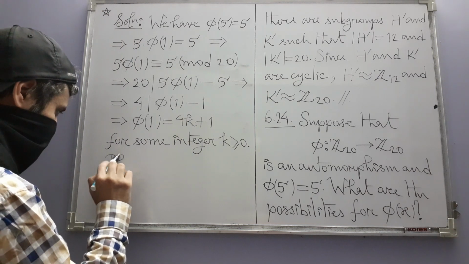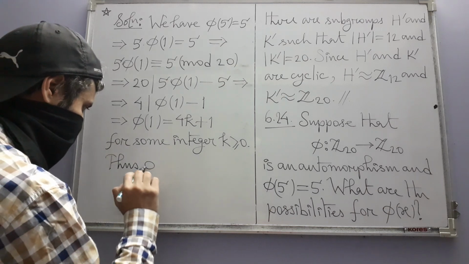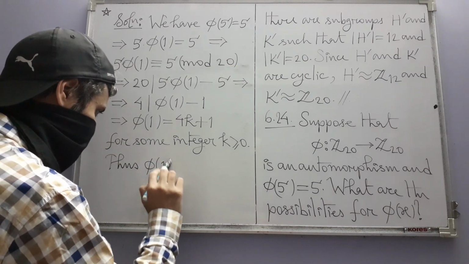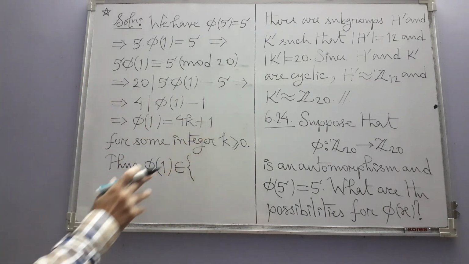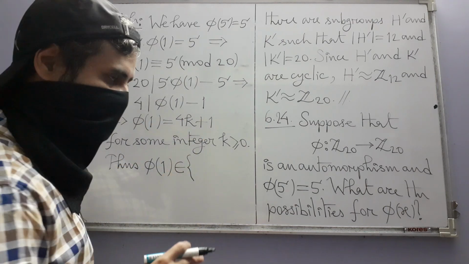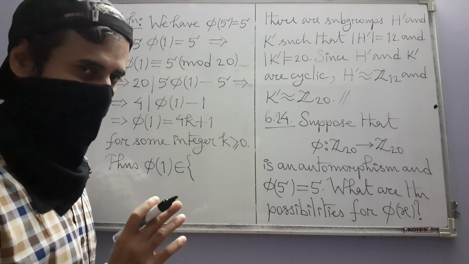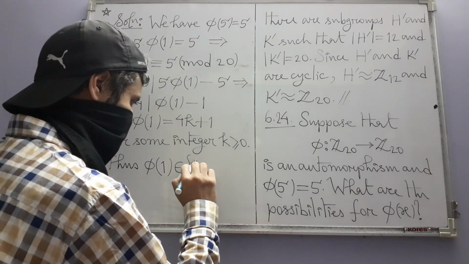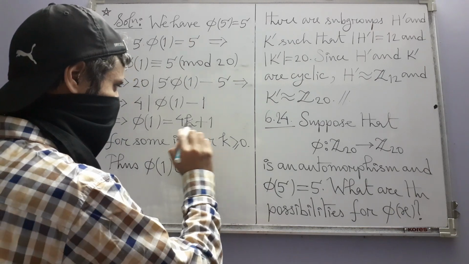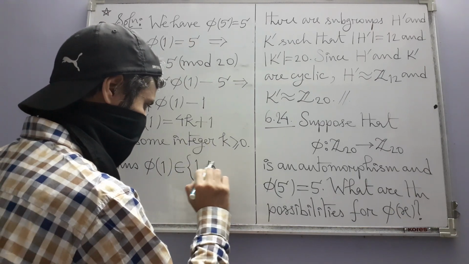Thus, phi of 1 belongs to, let's first write all the possibilities, and then we will figure out which of them become generators. k can be taken as 0, so you get 1. Then k equal to 1 gives you 5.